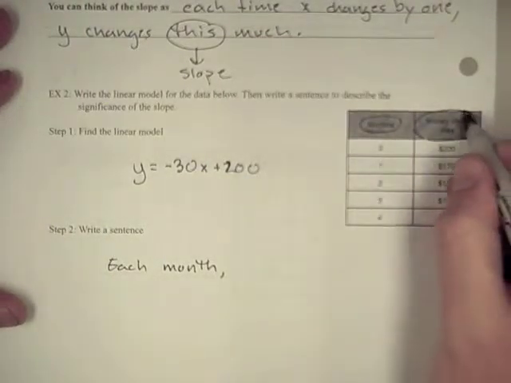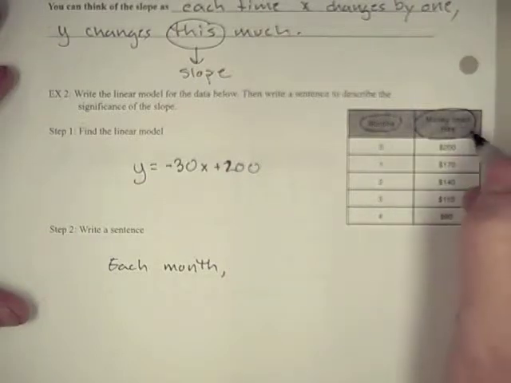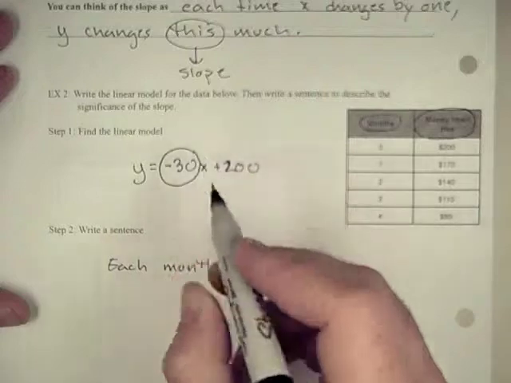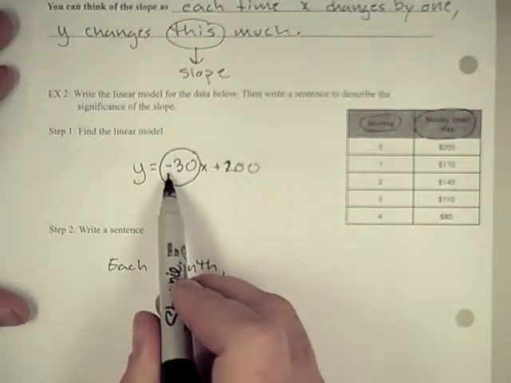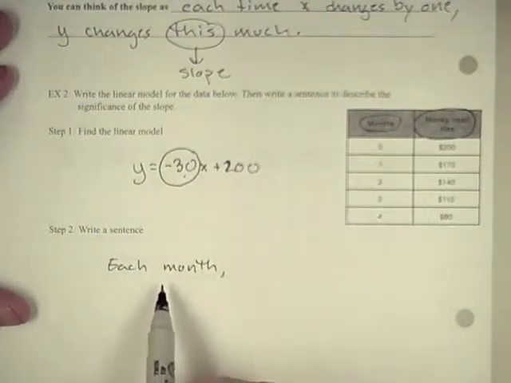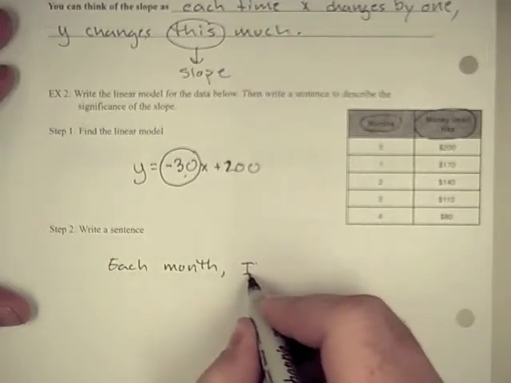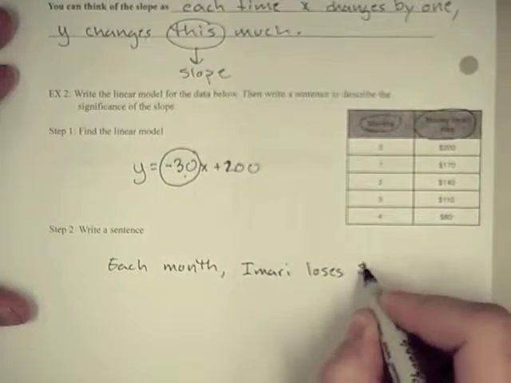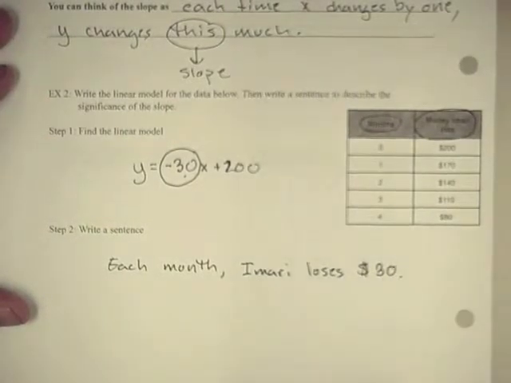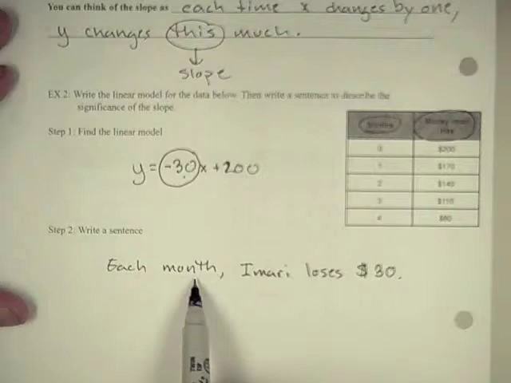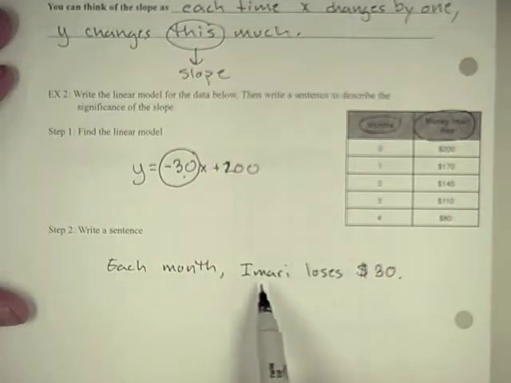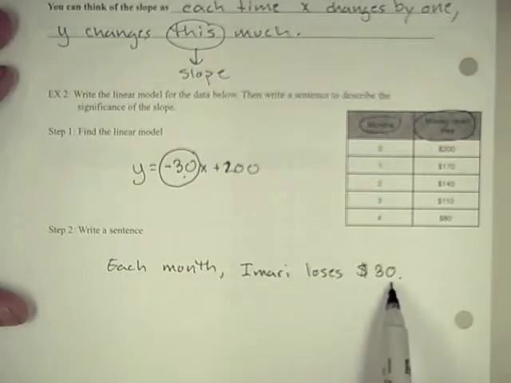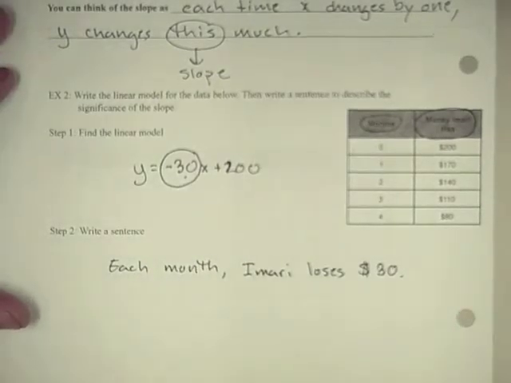My y is the money that Imari has. That's going to change. By how much? I find that in my slope. I see that Imari's money is going to go down $30 each month. So each month, Imari loses $30. Again, each x, y changes this much. And this much comes from the slope.